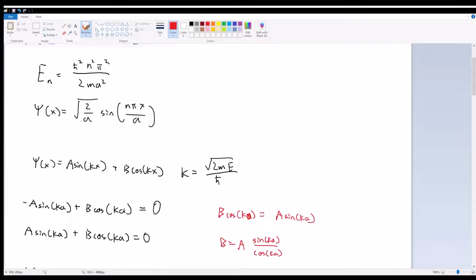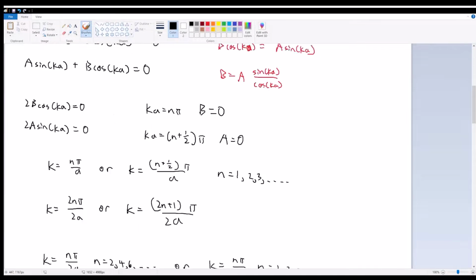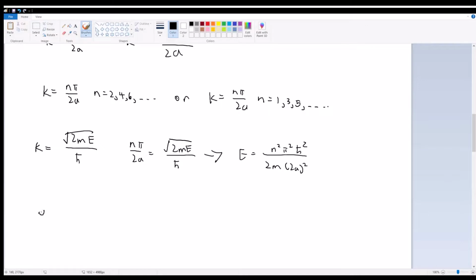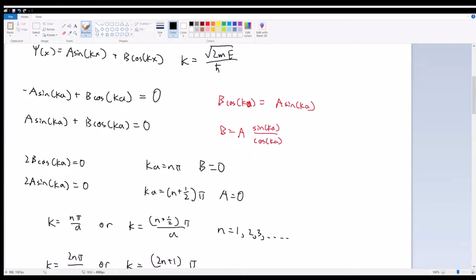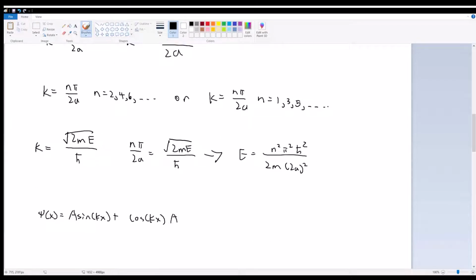So in that case, the general solution is going to look like psi of x equals a sine kx plus b cosine kx, where b is equivalent to what we defined here, a times sine of ka over cosine of ka.